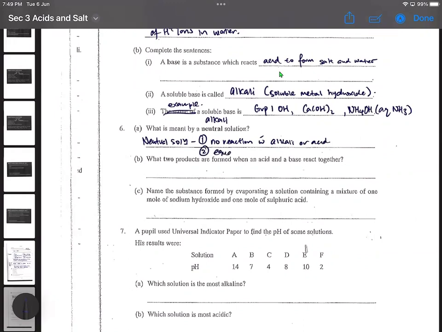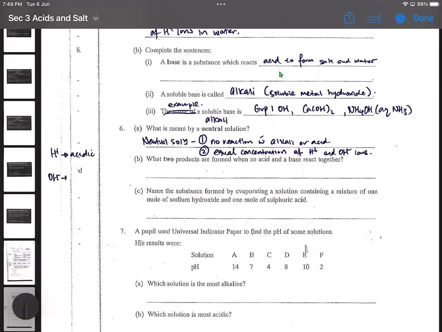Number 2, you will also want to understand this as they have equal concentration of H plus and OH minus ions. Okay, so what do we mean by this? Remember, the H plus ions account for the acidic properties.